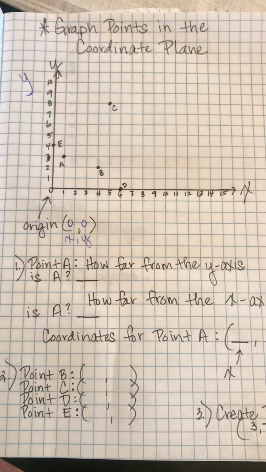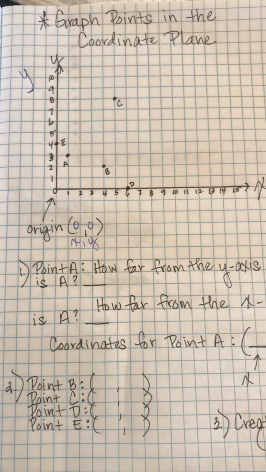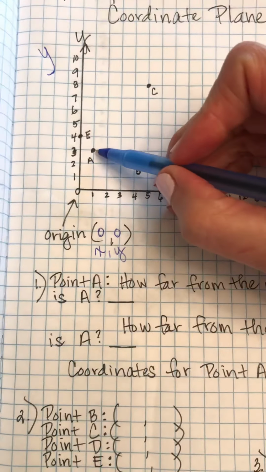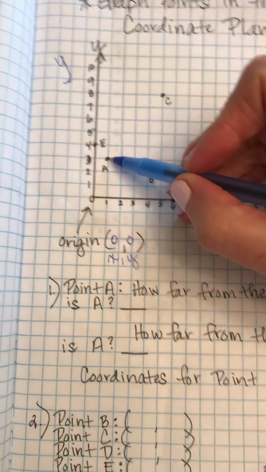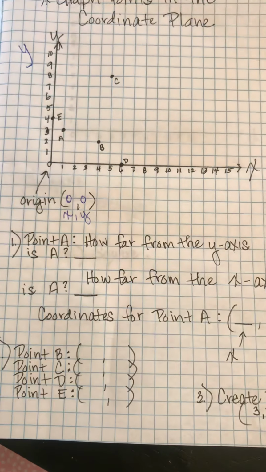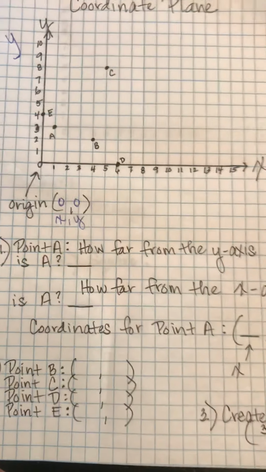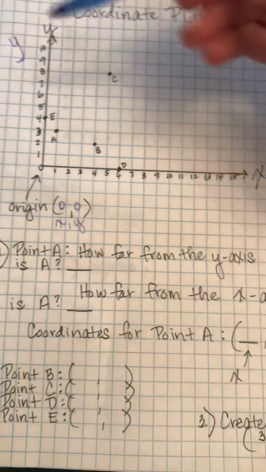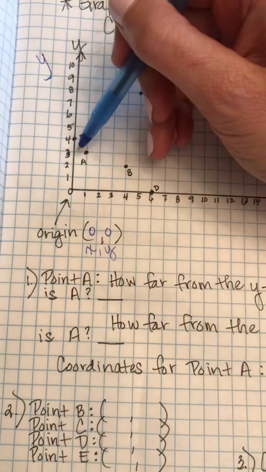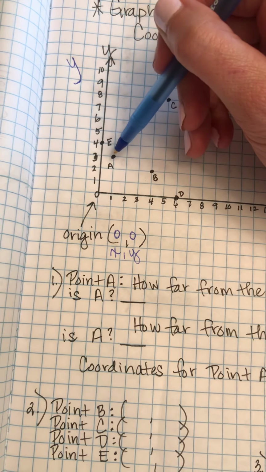Now let's take a look at a couple questions here. So we have point A, so let's locate point A. We have point A right here, and we want to figure out how far from the x-axis A is, or from the y-axis. So let's go to our y-axis, and how far away from the y-axis is A? It's just one spot.